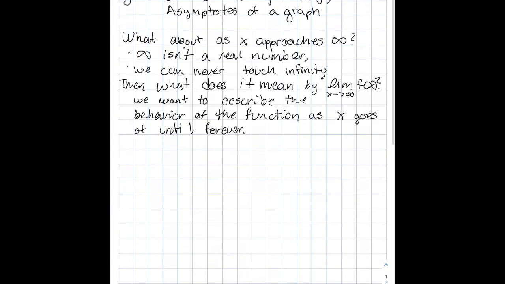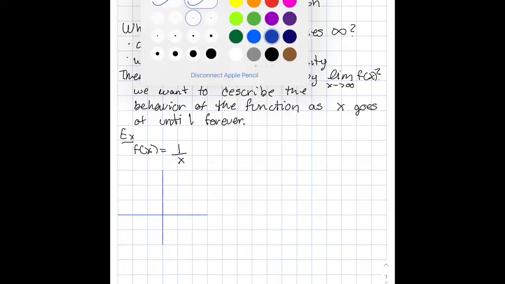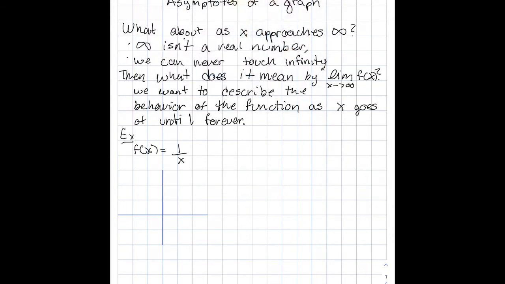All right, so let's do a little bit of an example. So we'll do the function 1 over x, one of our favorites. So I learned how to make straight lines. Amazing, right? So we know this function looks a little like this.